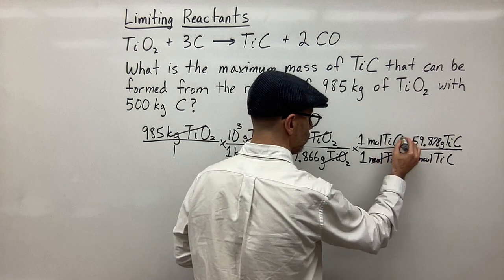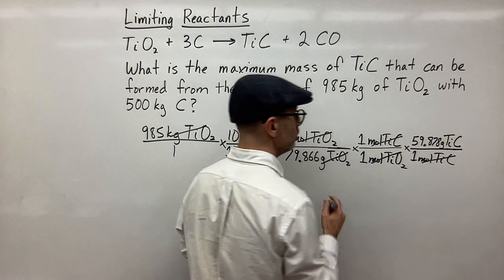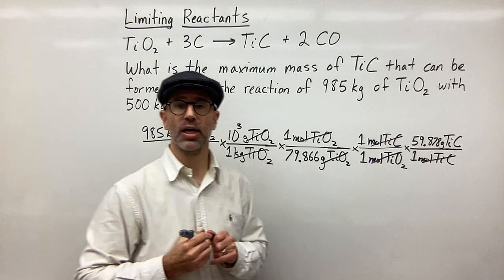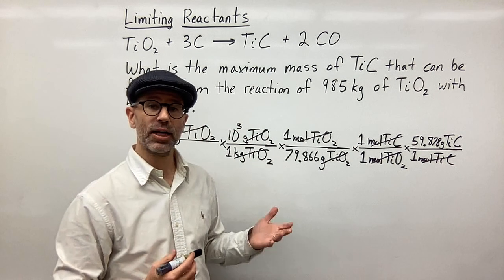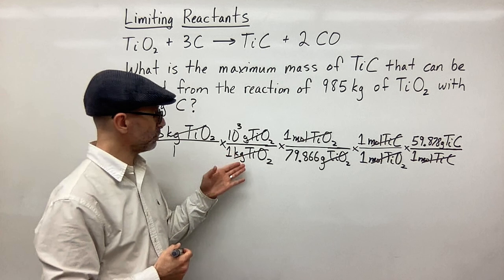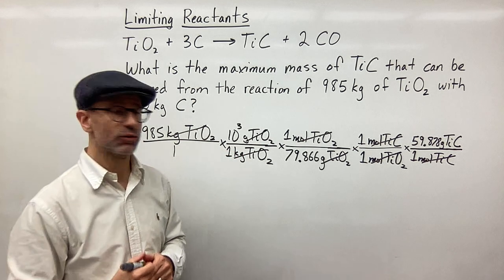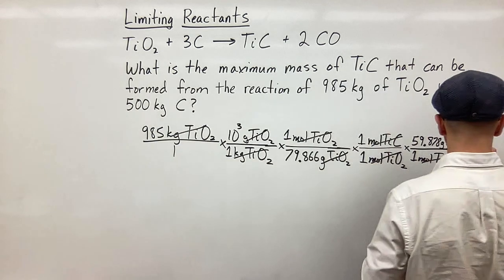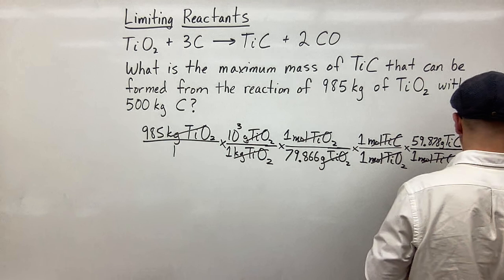Moles will cancel out, so there you go. Now I have grams of TiC. Now I can convert that to kilograms using the same relationship here. 1 kilogram is equal to 1,000 grams.